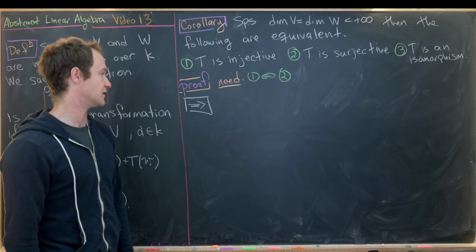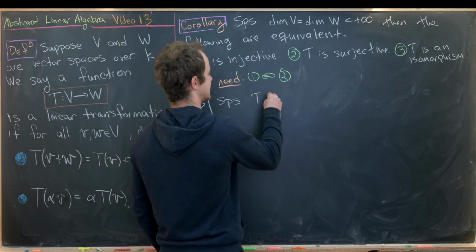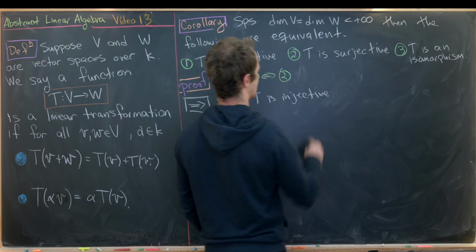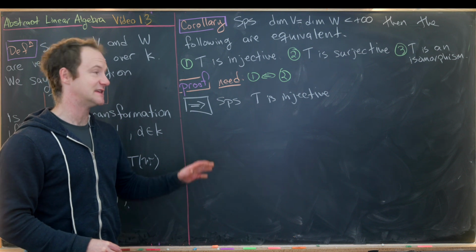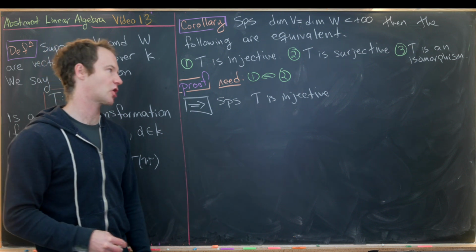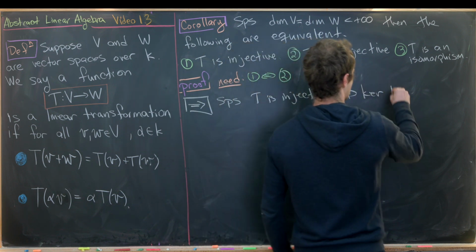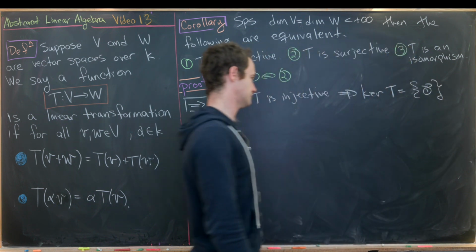So they're equivalent. Okay, so this is going to start by supposing that T is injective. But let's recall from something that we did previously that T is injective if and only if the kernel is trivial. So this implies that the kernel of T is only the 0 vector.